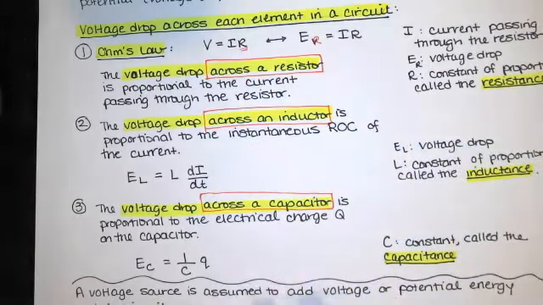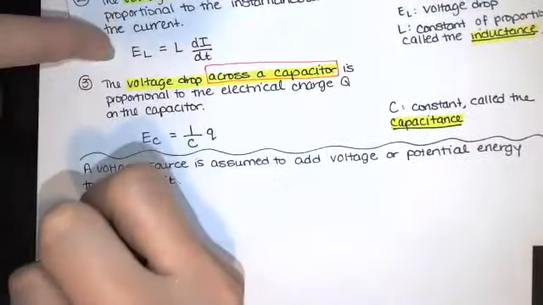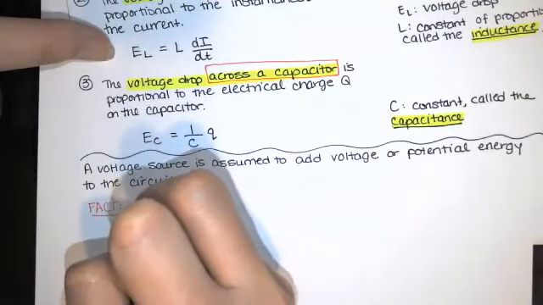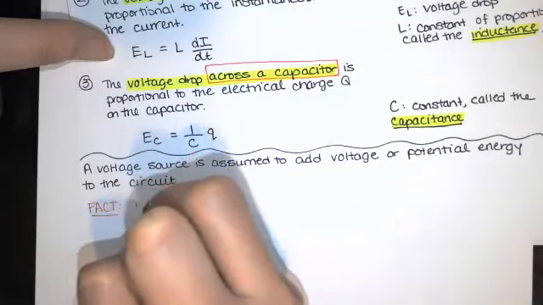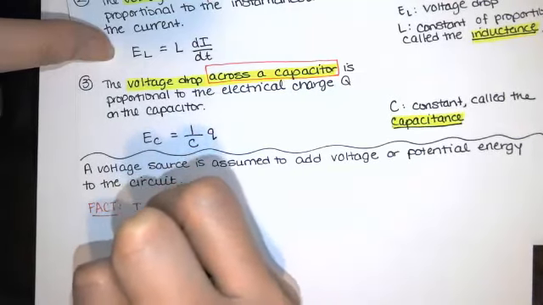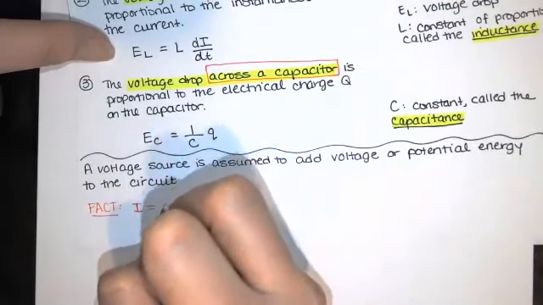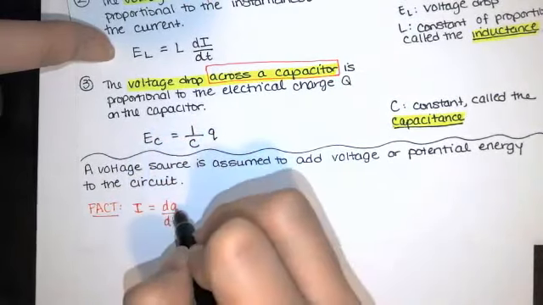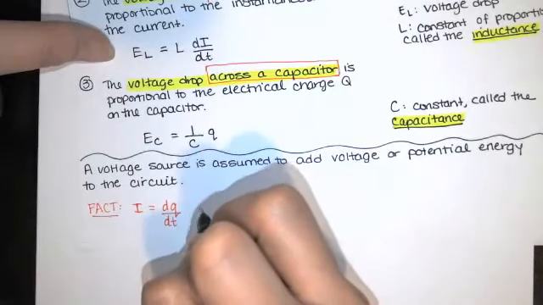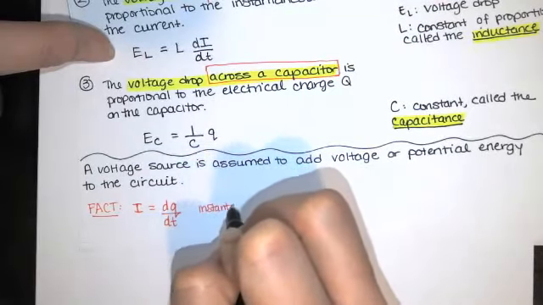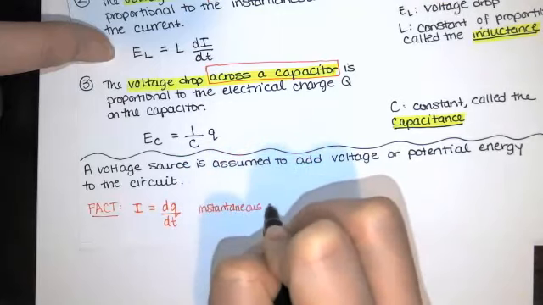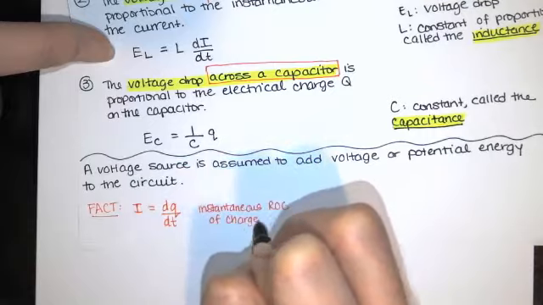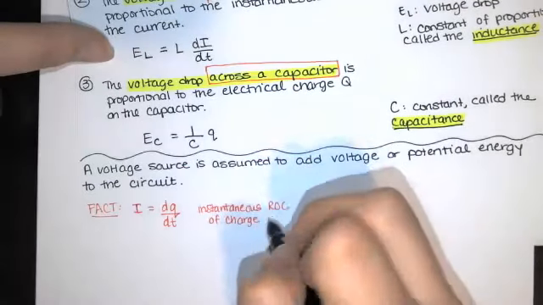So that's another fact that you need to know. So current, which is represented by I, is dQ/dt. This is the instantaneous rate of change of charge, and we're thinking of this as charge on the capacitor with respect to time.